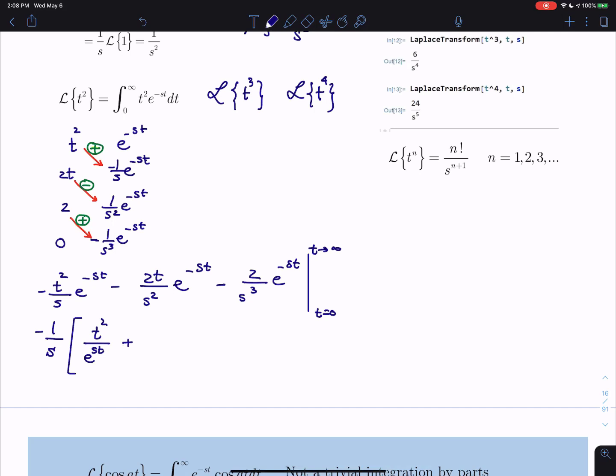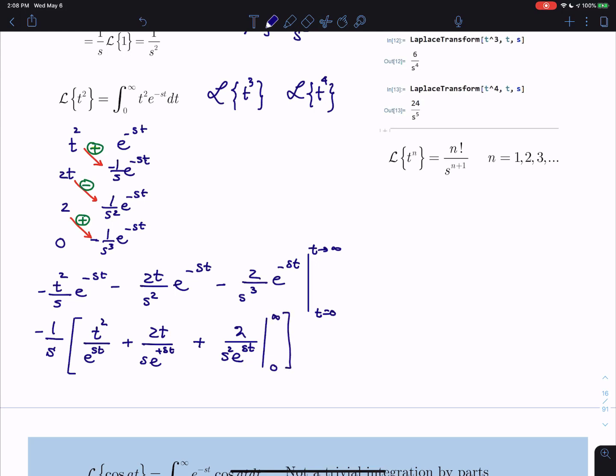Plus, and remember, you factor out a minus out of all of them, so they're all going to be plus, and 1 over s has gone out, so you get 2t over s times e to the minus st. And then plus 2 over s squared e to the st, and sorry, that's a plus, and that evaluates from 0 to infinity.